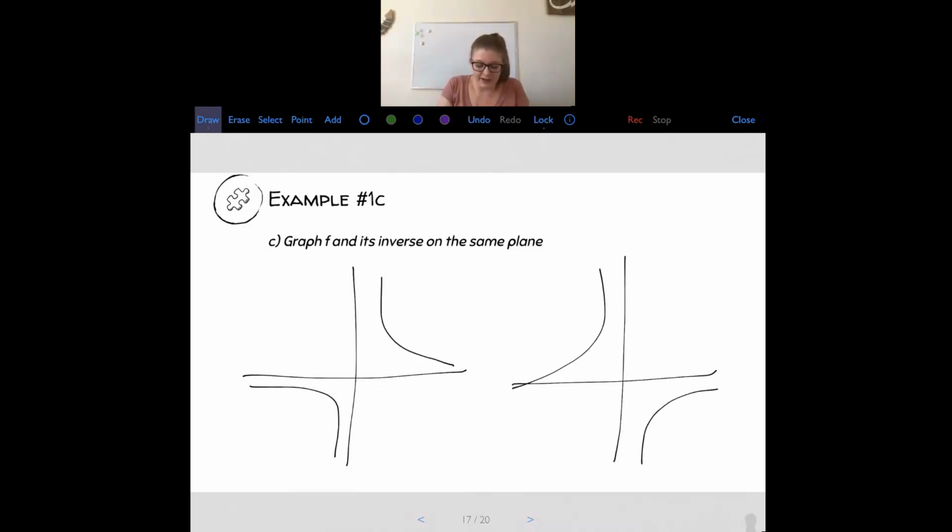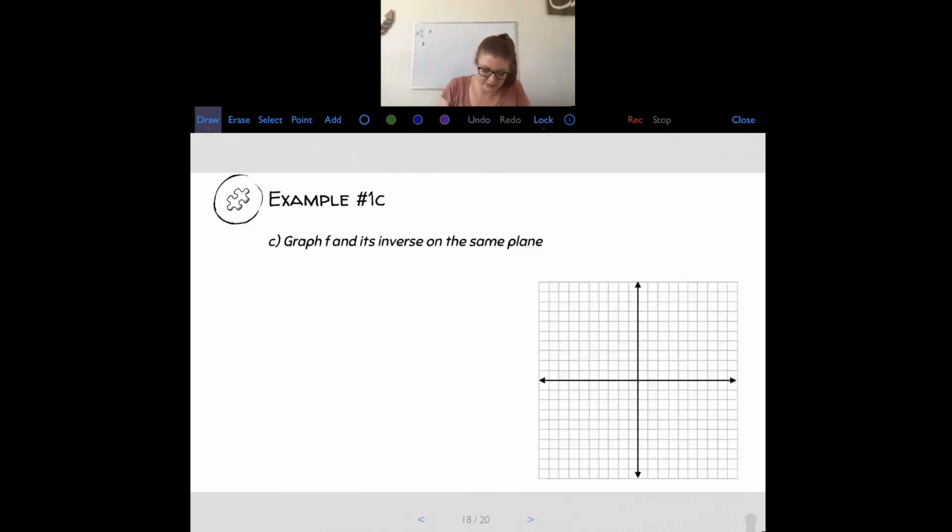There's a couple other ways that we can graph this. The first is, remember that for f of x, we had x plus 5 over x minus 6. And we also determined that x is not allowed to be 6. So that means it's what's called a vertical asymptote, that the graph is never going to cross this line.